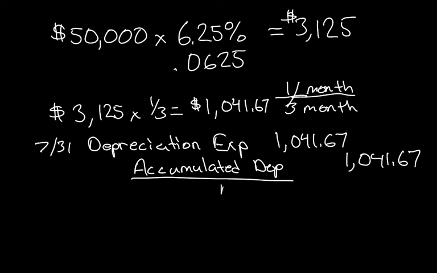And please don't forget, accumulated depreciation is a contra asset account. All right. So that's the July 31st transaction. If you see here, our depreciable value at that time was $50,000. We depreciated $1,041.67 off of the asset.